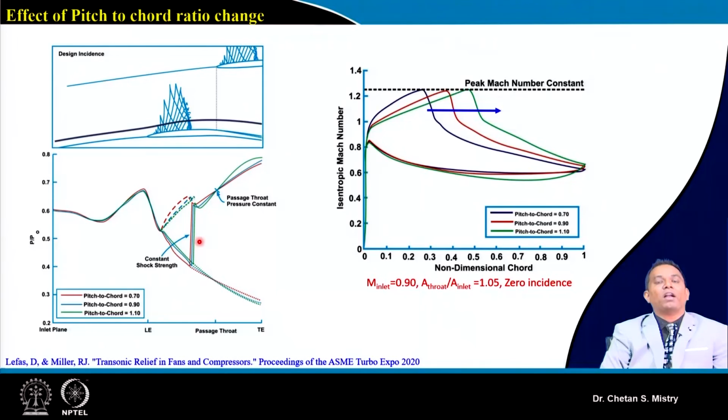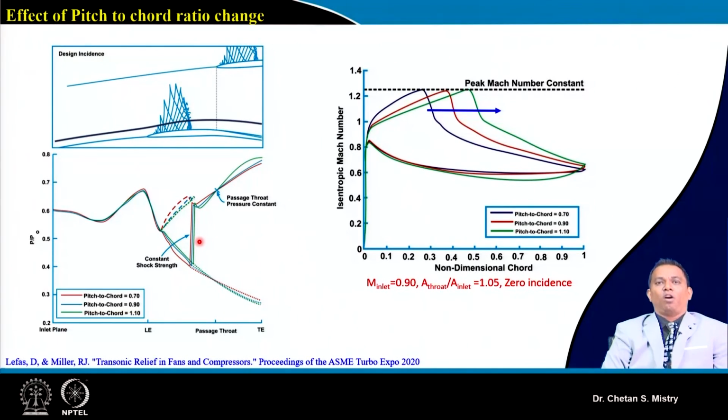Later on, by understanding that, we need to do systematic management of our shock, and that is the reason why we are looking for special kinds of blade surfaces. We are looking for special kinds of camber lines. We are looking for the arrangement of pitch to chord ratio. We are looking at what happens with the change of incidence angle. We are looking at how the area ratio affects my flow behavior.